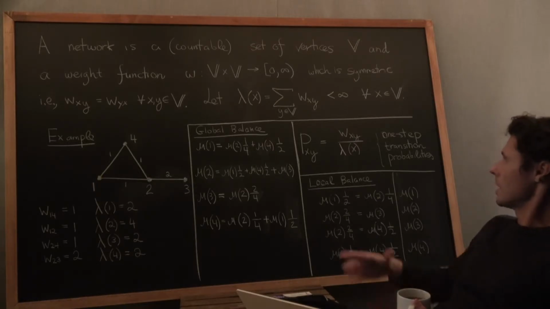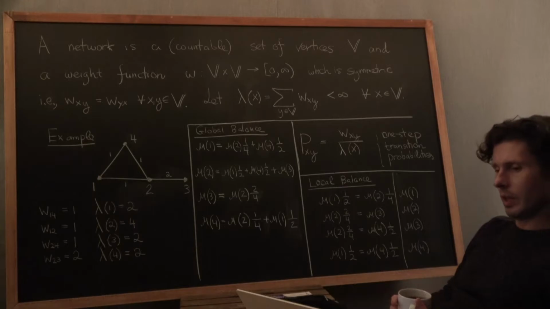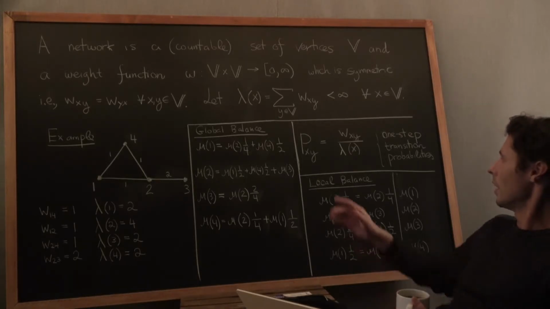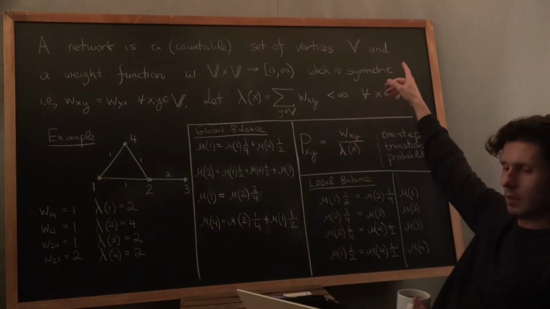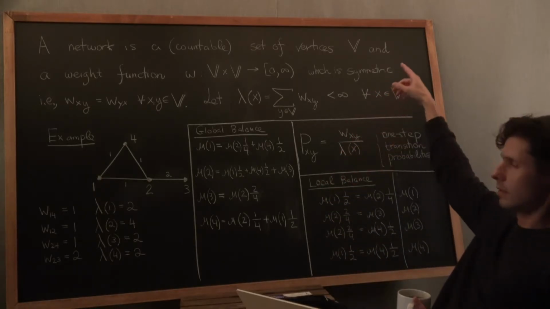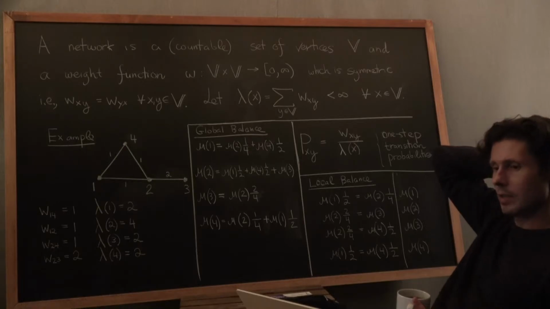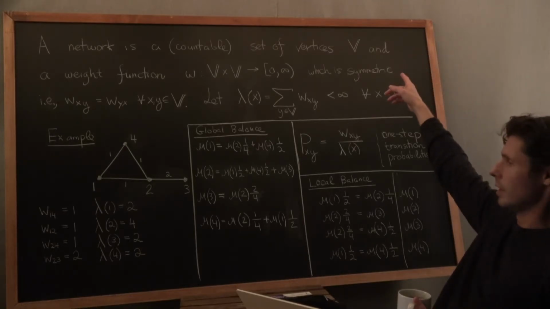Just because I say it doesn't mean that these are actually one-step transition probabilities, and you can try, as an exercise, to think through why these would be one-step transition probabilities. Namely, why do these numbers that I've defined, and I've defined them over the vertices in V, right? x, y are vertices in V, and so the state space for this chain that I'm trying to construct is also going to be V, right?